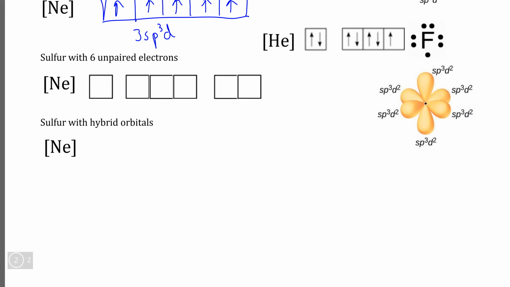If we look at how sigma bonds form in sulfur compounds, it's very similar. So if we consider the electron configuration of sulfur, we would start with 3s2, 3p4, such that sulfur has 2 lone pairs already.